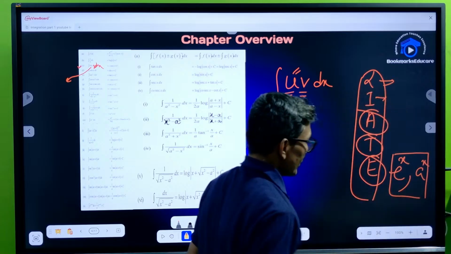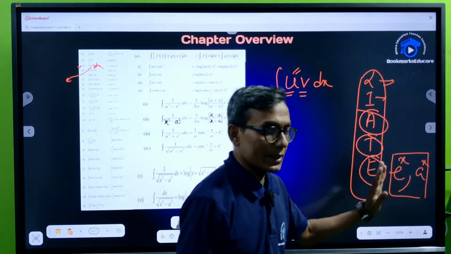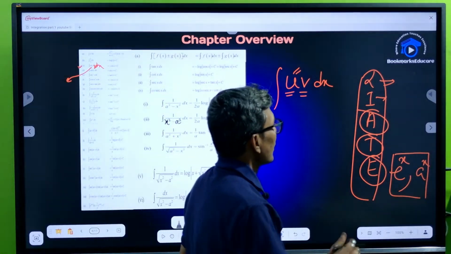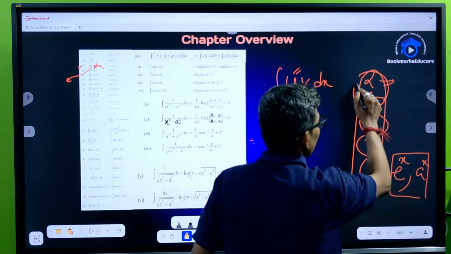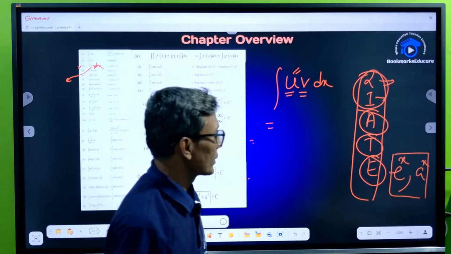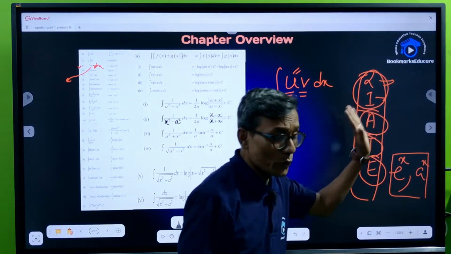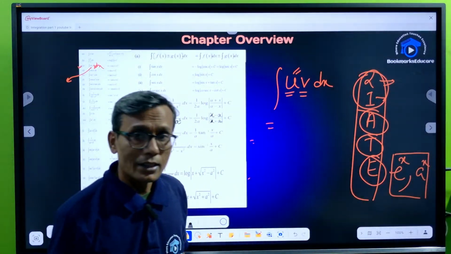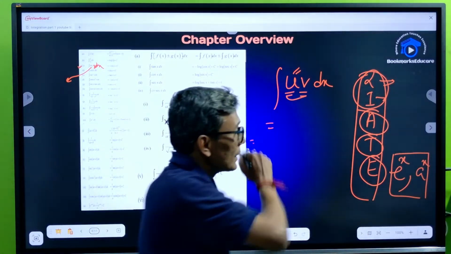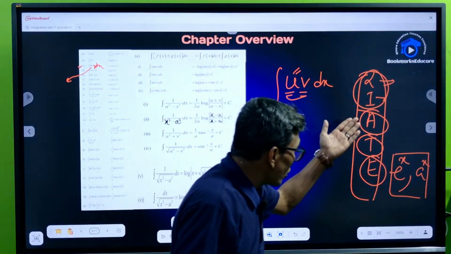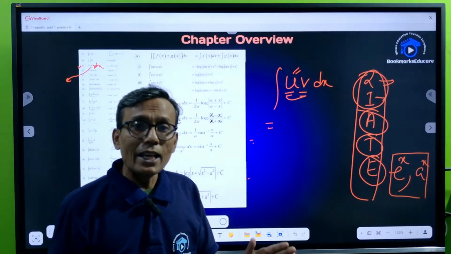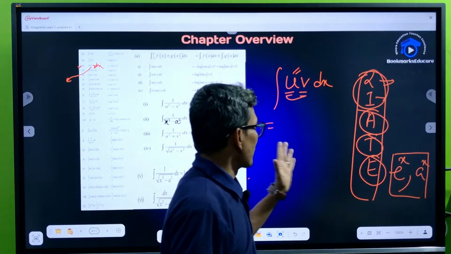So if any two of these functions are given, then according to this arrangement, we can easily choose the first function.